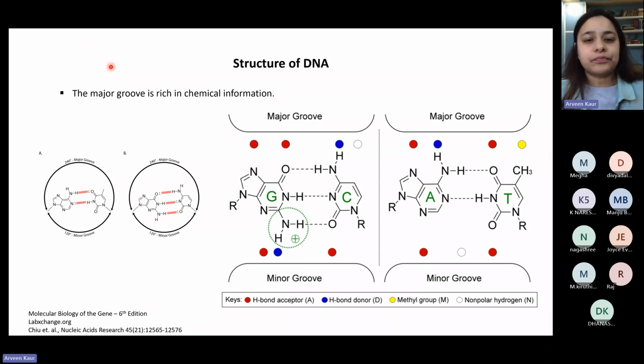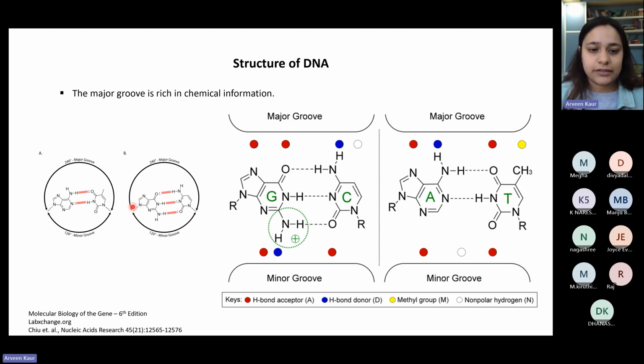So as I was saying, we have said over here that the major groove is rich in chemical information. Now, what is the nature of this chemical information? What does it do? We will come to that. Before that, let us talk about some more properties of this major and minor groove. One more way to distinguish it completely is that the major groove has a groove angle of about 240 degrees between two different nucleotide bases, right?